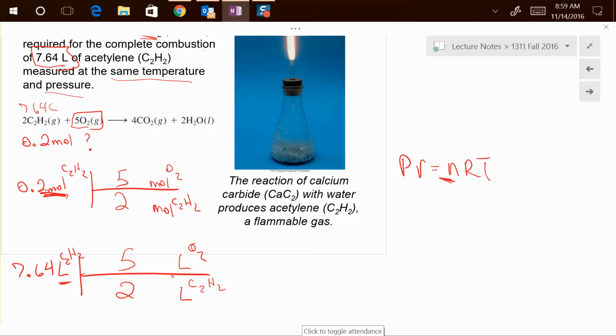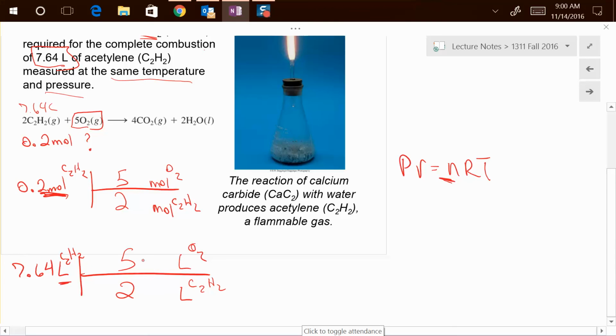So for gases, liters equal mole. They don't equal. So this isn't 5 moles of a gas is equal to 5 liters. But they are equivalent.